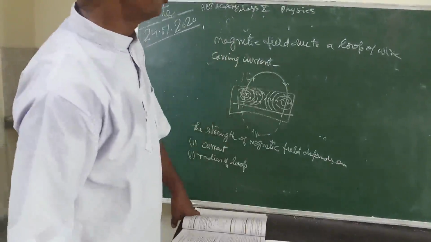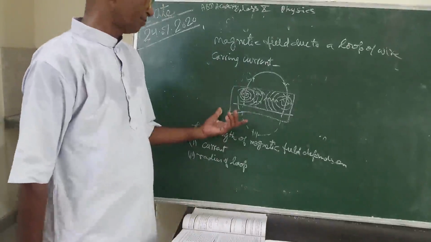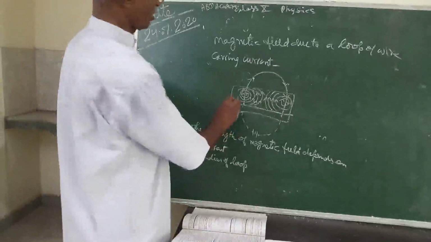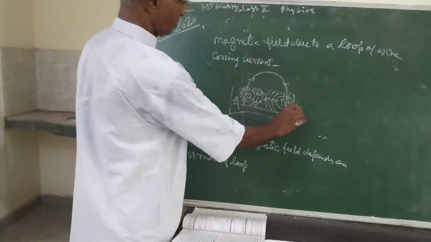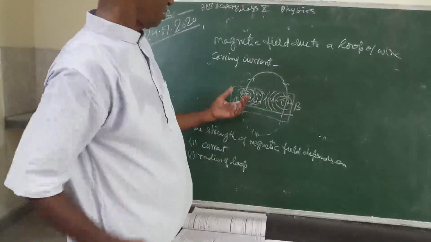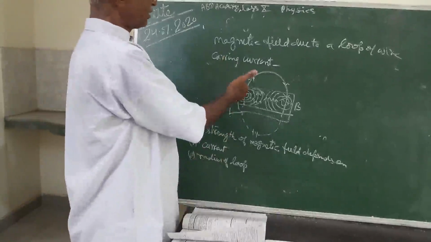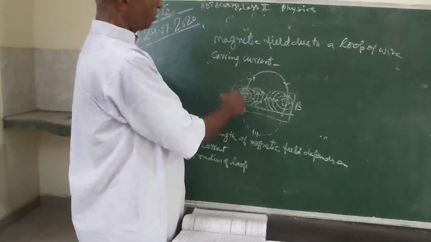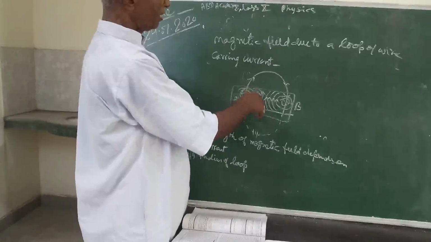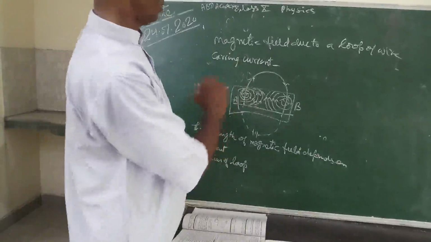Magnetic field due to a loop of wire carrying current. In the figure, a loop of wire is given from A to B which carries current, and according to the right hand grip rule, the circular loops in the anti-clockwise direction represent the direction of current in the wire.